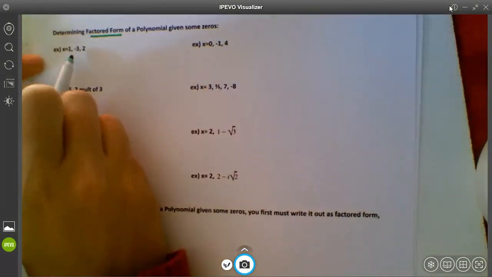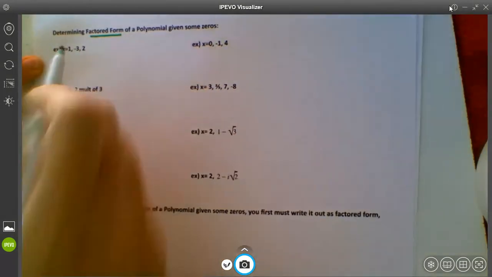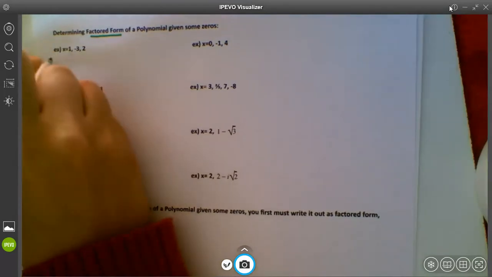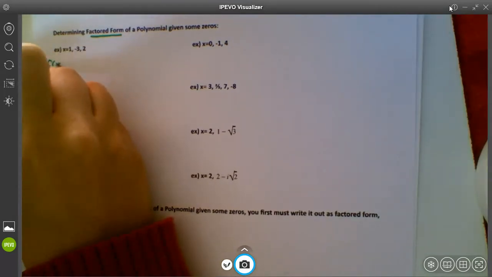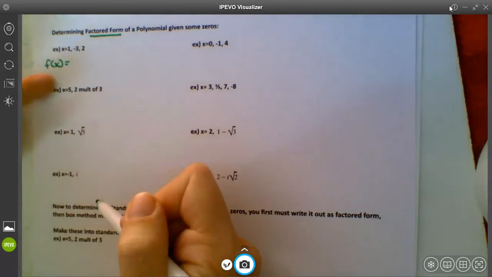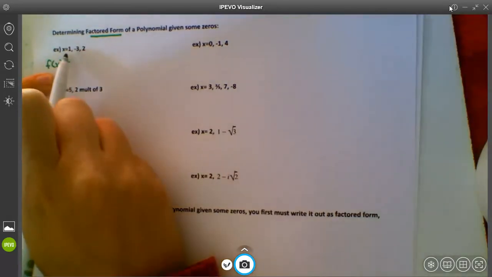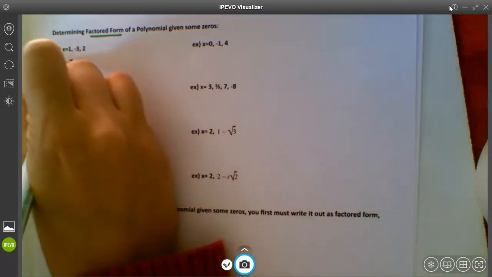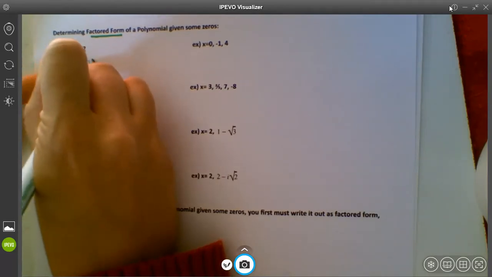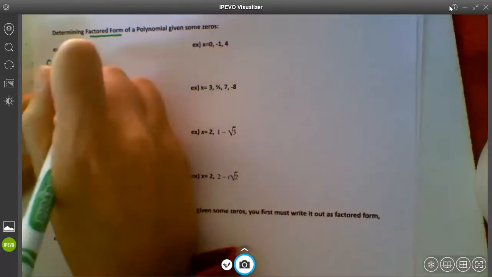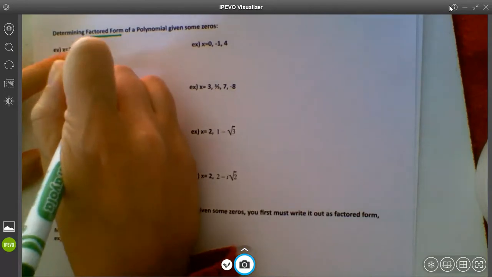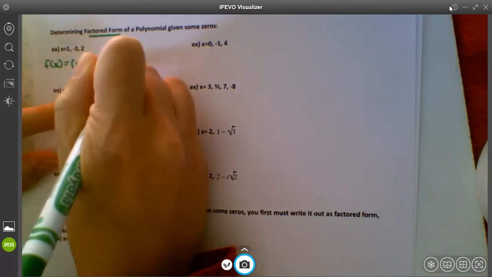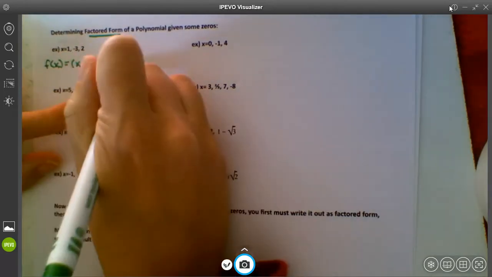So if I'm given zeros, I should be able to write an equation based off of its factors. So we'll start with f of x equals. You could also start with y equals. So if a 0 is 1, we know that its factor is x minus 1. We've been doing this the whole time. If it's negative 3, that's an x plus 3. If it's 2, that's an x minus 2.